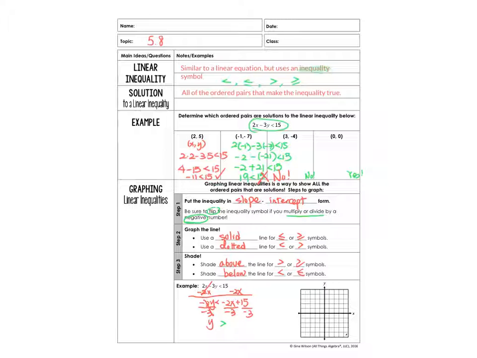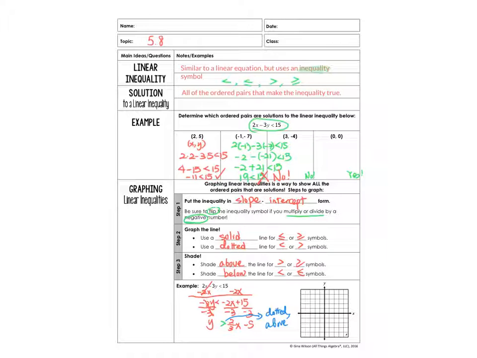So on the left hand side I have y, on the right hand side I have 2/3x minus 5 in this case. So because it is a greater than, the line has to be a dotted one, and then because it's greater, it has to be the area shaded above. So let's graph this.